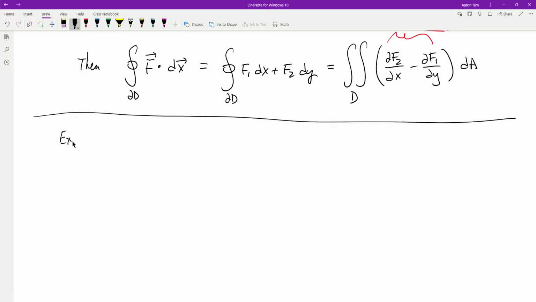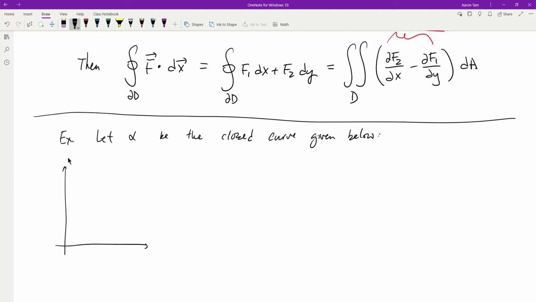So here's the example. Let's say we let alpha be the closed curve given below. So what is alpha? Here's my xy plane. Here's the point 0, 0, and here's the point 1, 1.